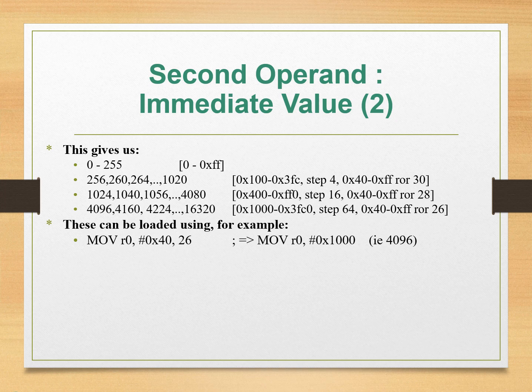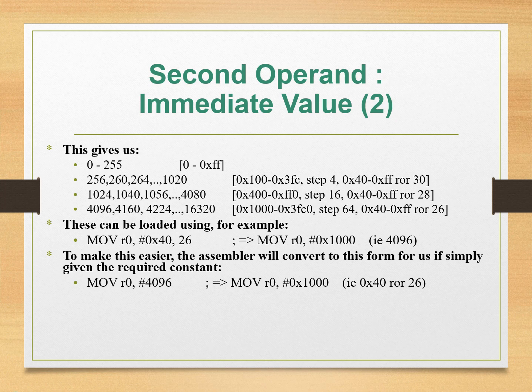This can be loaded using, for example, MOV. If you write MOV R0, and a number such as 0x40026, it means that you load that immediate constant.